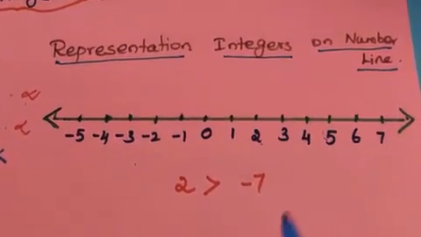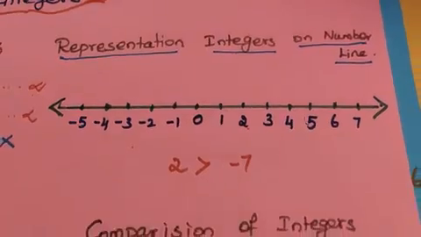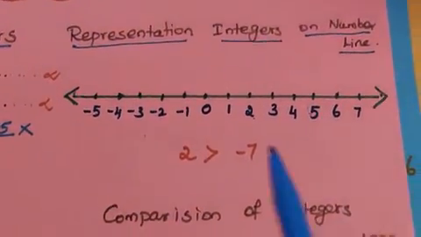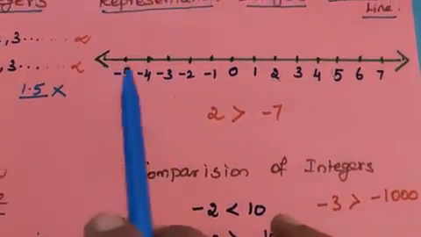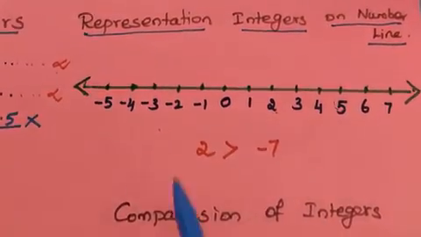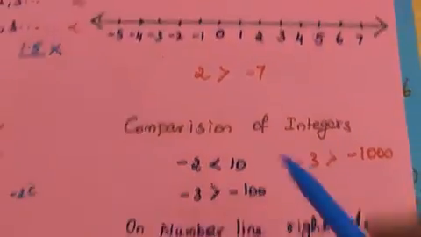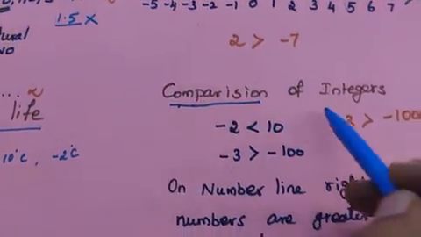Before that, we should know how to compare integers. Suppose 2 integers are there or 3 integers are there. How can we compare them? That we are going to see now. Comparison of integers. I hope you know how to represent the numbers on the number line. Now, how to compare the integers?